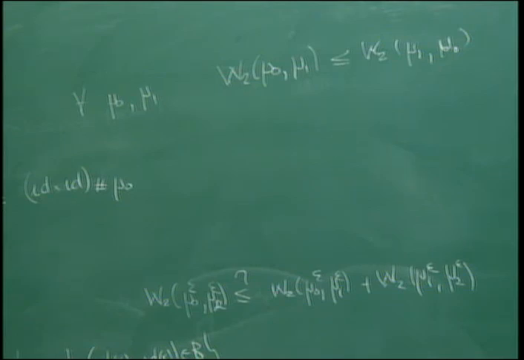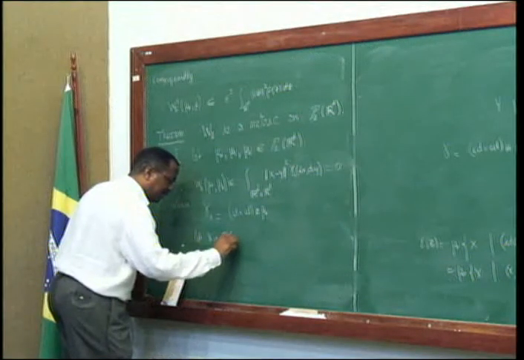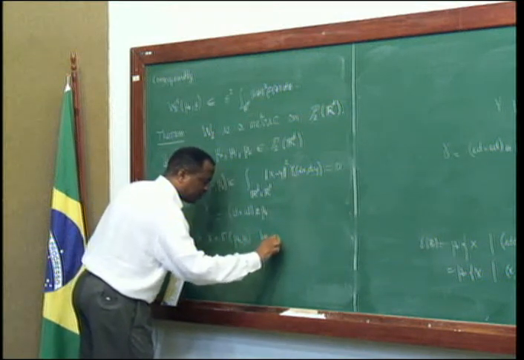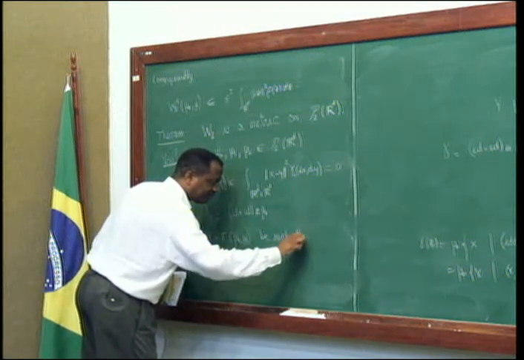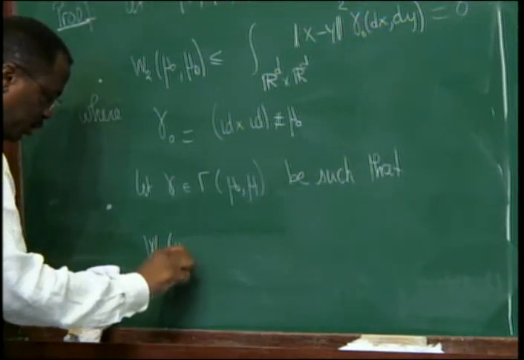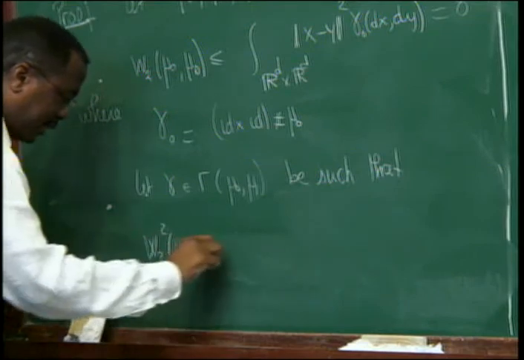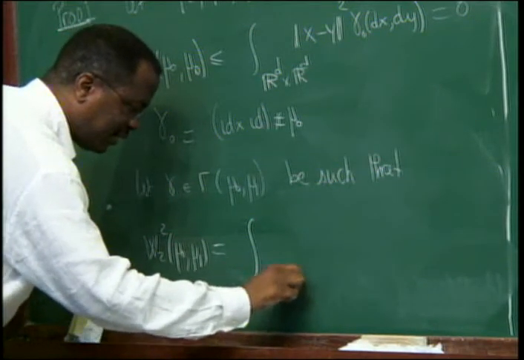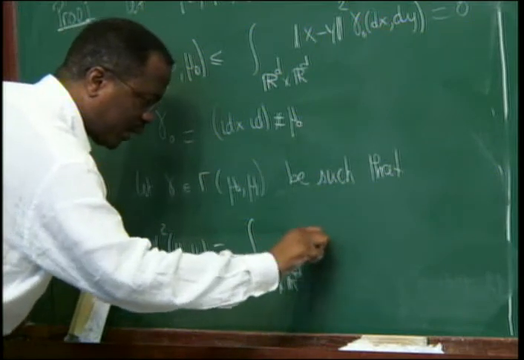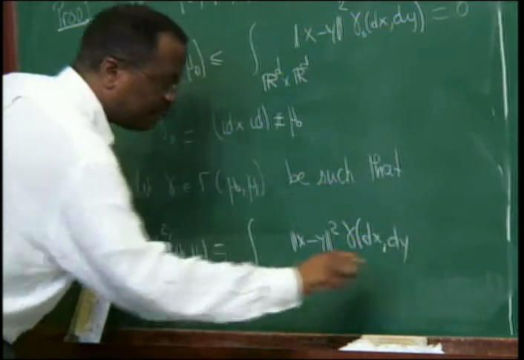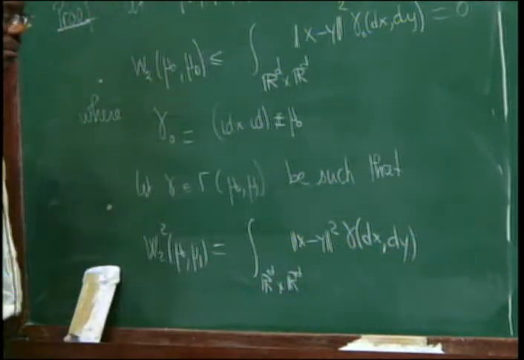So let gamma be optimal between mu naught and mu1, such that the distance between mu naught and mu1 squared is the integral over Rd cross Rd of |x minus y| squared gamma dx dy. So let gamma be a minimizer.